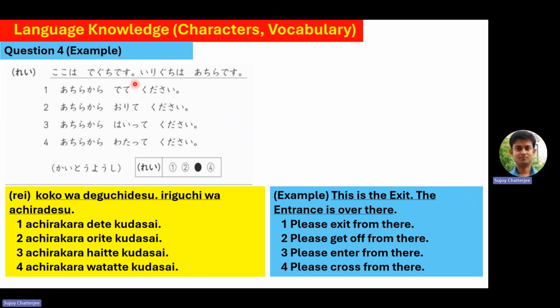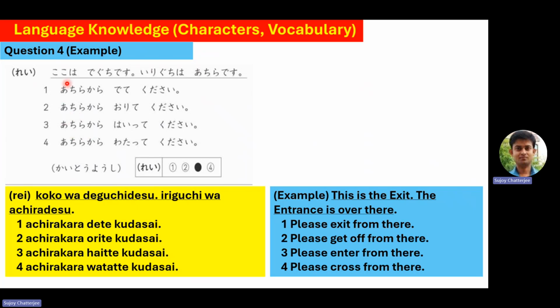The entrance is over there. Iriguchi means entrance and achira desu means over there. Now the options are given here: achira kara dete kudasai, achira kara orite kudasai, achira kara haitte kudasai, and achira kara watatte kudasai. These options generally indicate the interpretation, what will be the next sentence of that conversation.